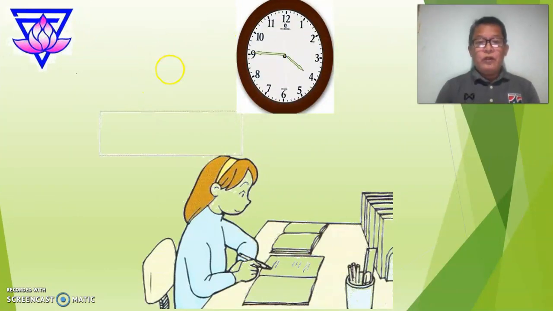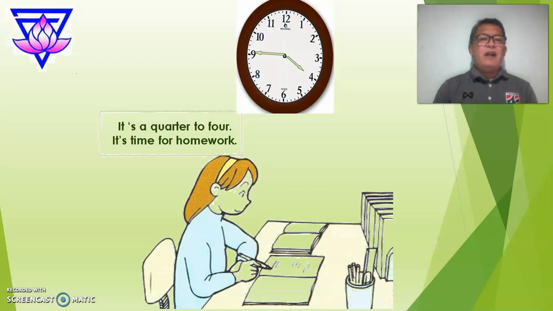Oh, look. The short hand is past 4 and the long hand is on the 9. What time is it? Again, what time is it? Very good. It's a quarter to 4. It's time for homework.